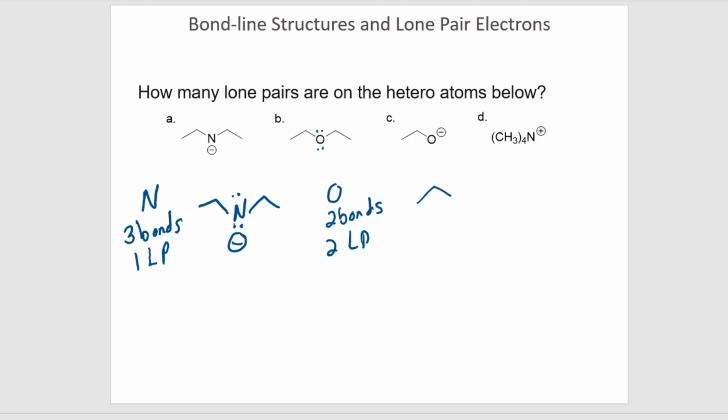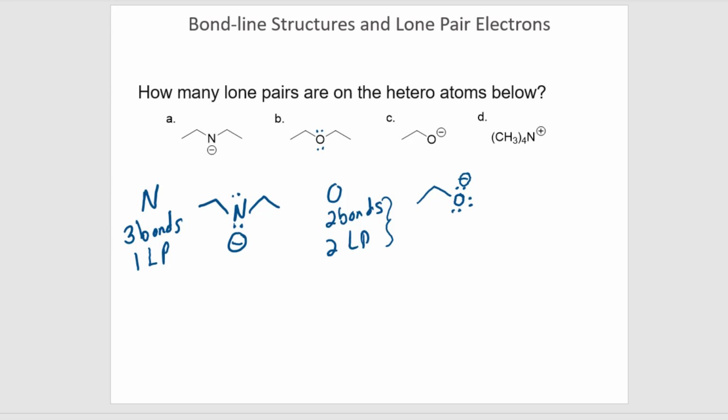What does that look like? Well, we know that it should have 2 bonds and 2 lone pairs. It only has 1 bond. It normally has 2 lone pairs, and so I can't draw another bond. If there was another bond, we would have seen it. So that means that it has more electron density than normal, so it must have 3 lone pairs. That's what makes it negative overall.